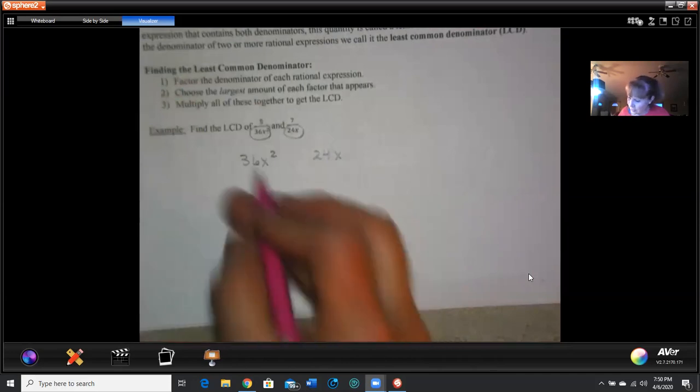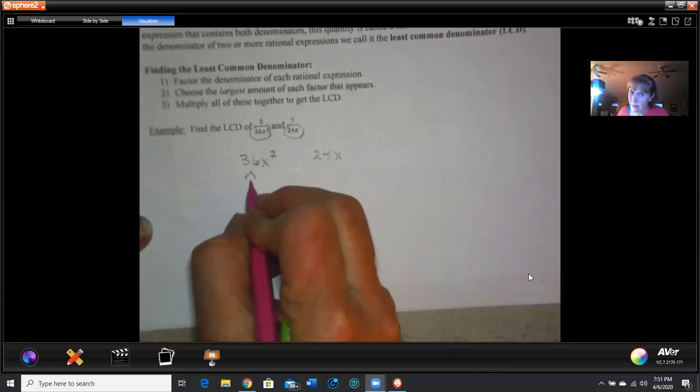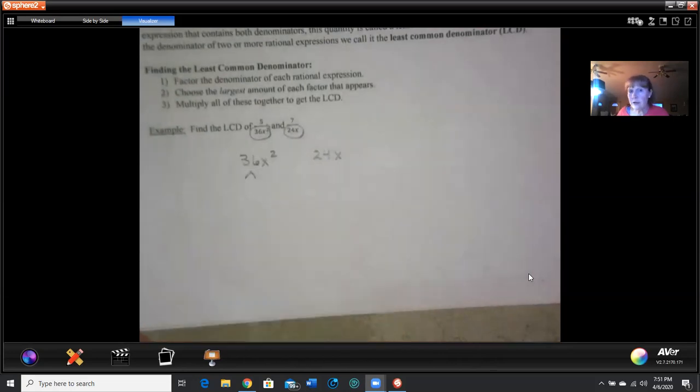So what we need to do is break these down. Now, some of you may be able to look at 36 and 24 and say, oh, they'll both go into this number. But if you can't, what are some strategies to find that?